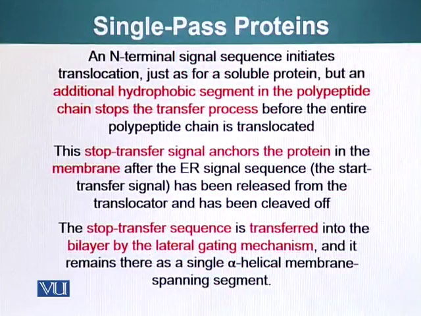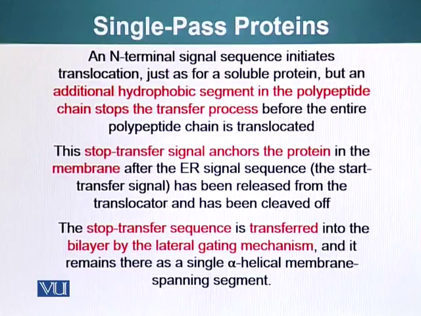Now let's talk about the proteins that get embedded in the membranes. An N-terminal sequence initiates the translocation just as it does for a soluble protein, but there's an additional hydrophobic segment in the polypeptide, further downstream from the signal sequence, which can stop the transfer process before the entire polypeptide chain is translocated.